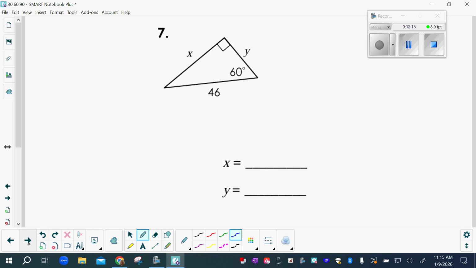So let's see, that's 20 root 3, and then I'm going to go 20 divided by 2.